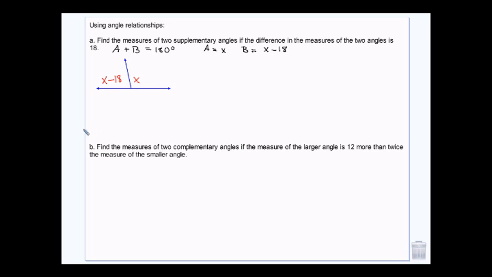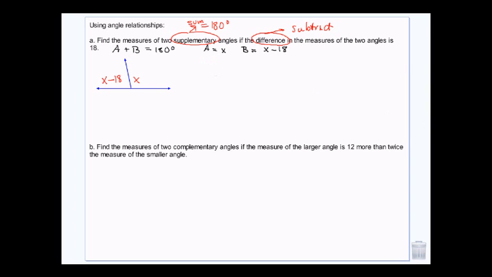So you don't have to draw a picture. You can kind of reason it out this way. Just remember that difference means subtract, and supplementary means the sum equals 180, so that's adding.